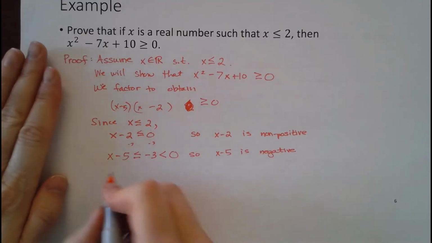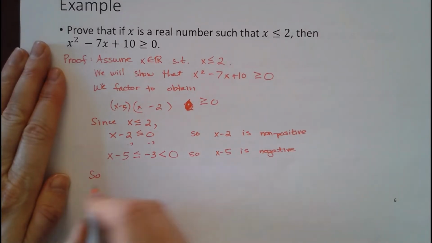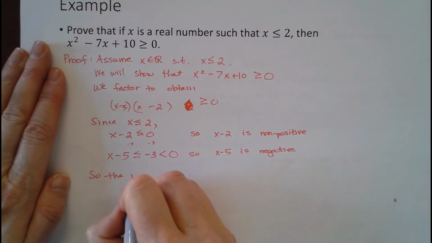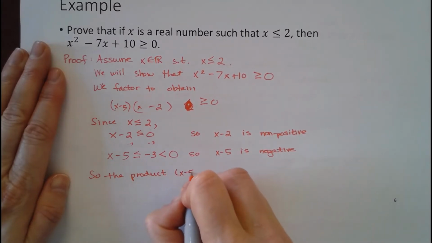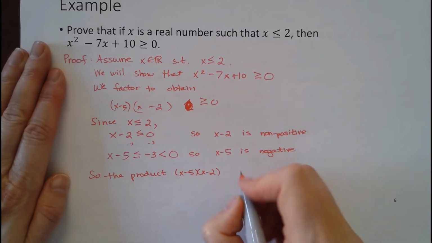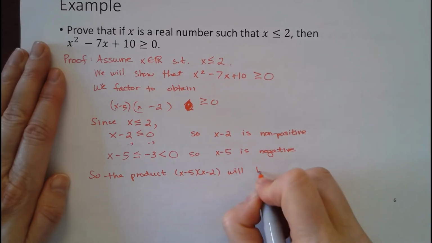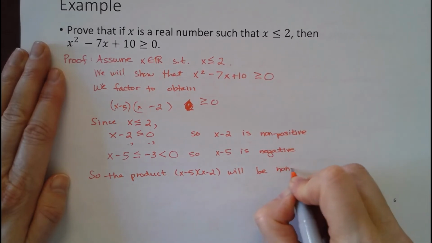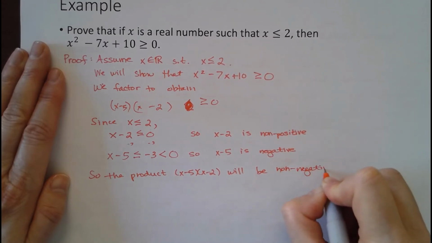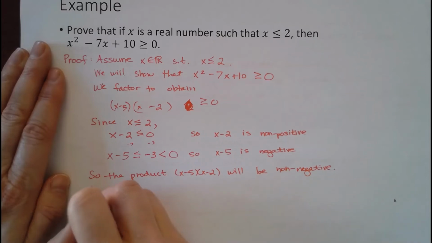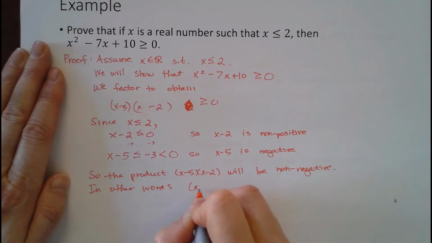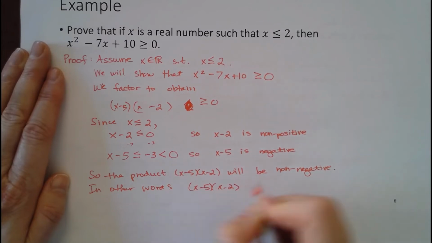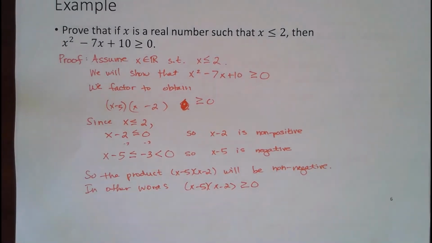Okay, so the product x minus 5, x minus 2 will be non-negative. In other words, x minus 5 times x minus 2 has to be greater than or equal to 0. It's non-negative.